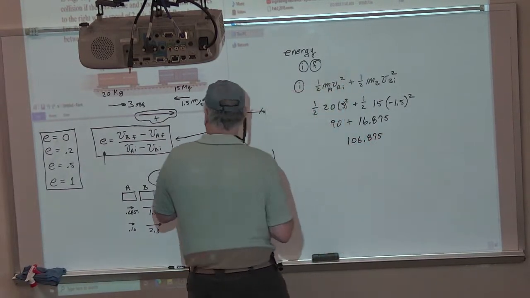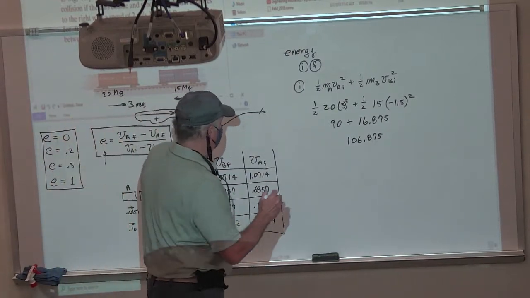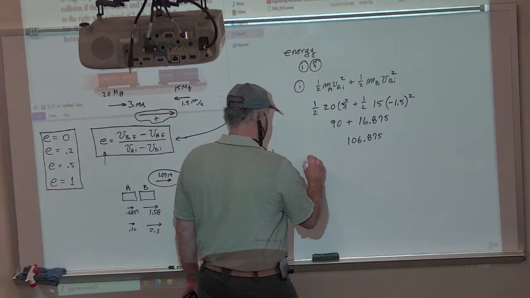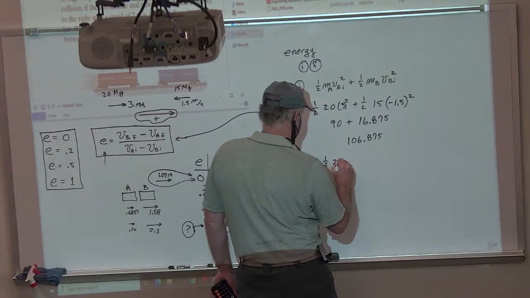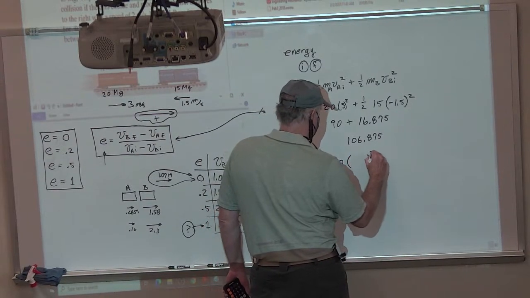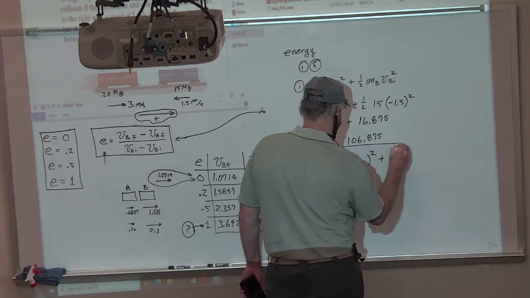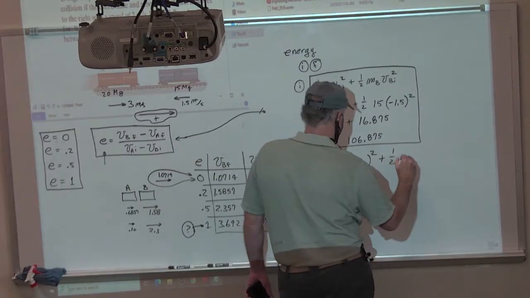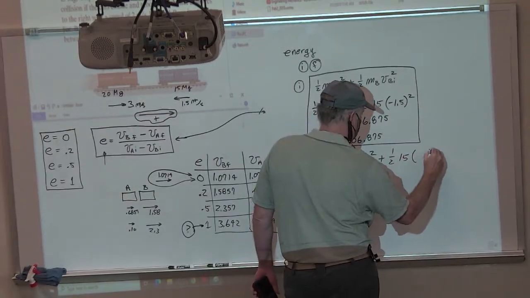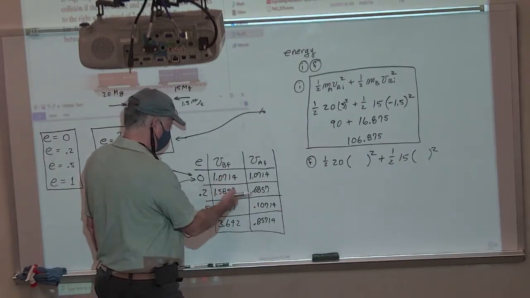And again, I'm taking off the megagram. Let's look at the final. Okay, so I have 20 plus 1/2, 15 squared. Now, I've got 4 different groups, 4 different situations.